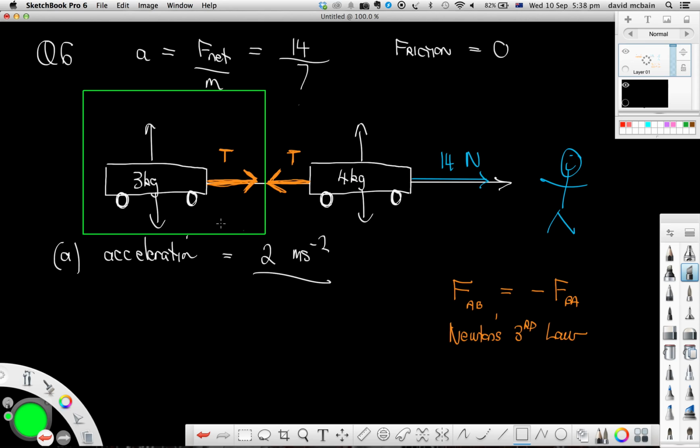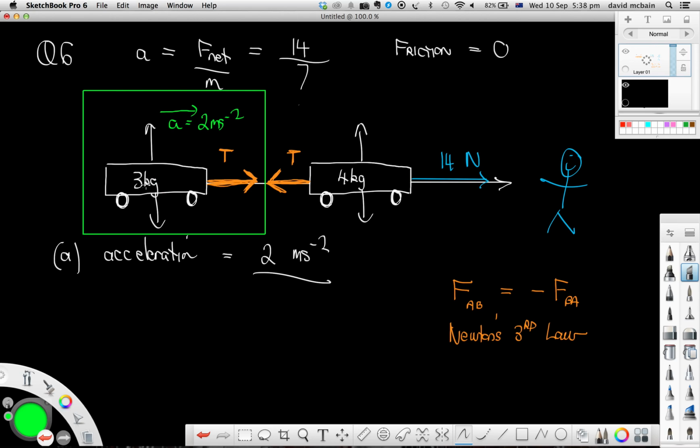Now, what do we know about it? We know that because this trolley is connected to this trolley, and we knew that this is all accelerating at 2 meters per second squared, we know that this must be accelerating at 2 meters per second squared. So we know the acceleration on this trolley is 2 meters per second squared.